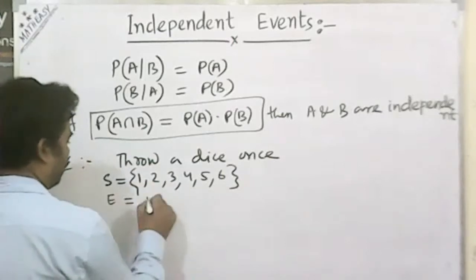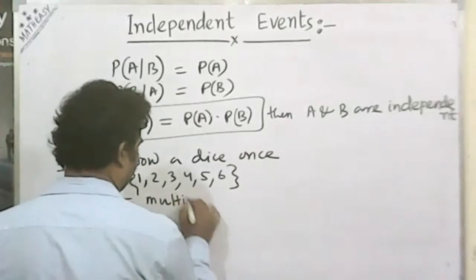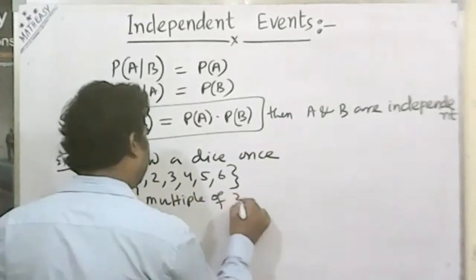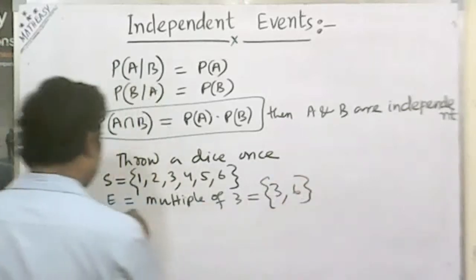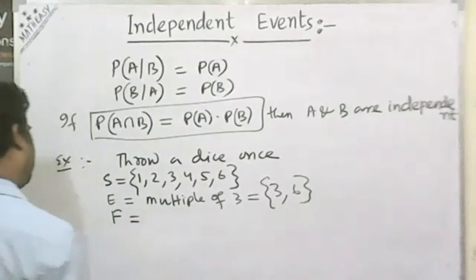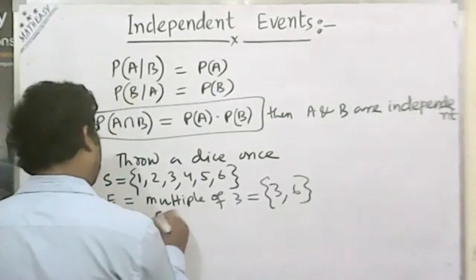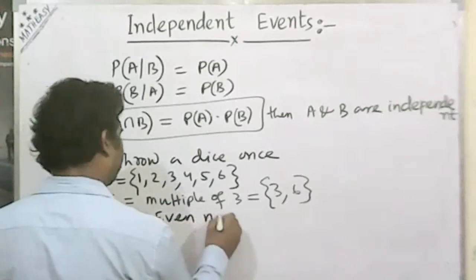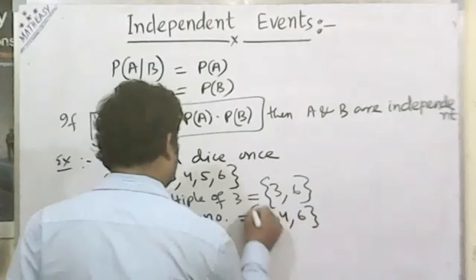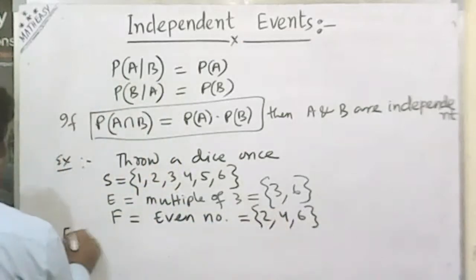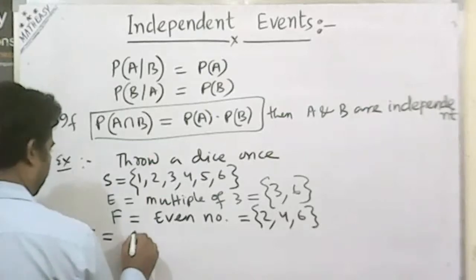Event E is given, multiple of 3, that is equal to 3 and 6. F event is given, that is an even number, means 2, 4, 6. E intersection F is equal to, that is only 6.